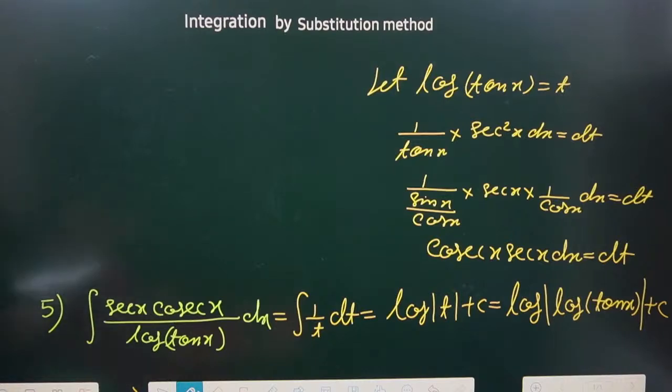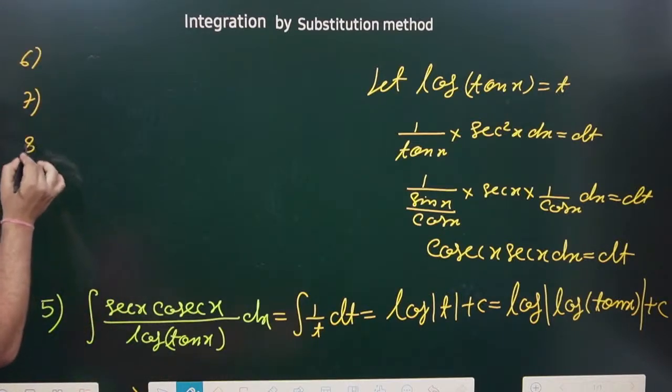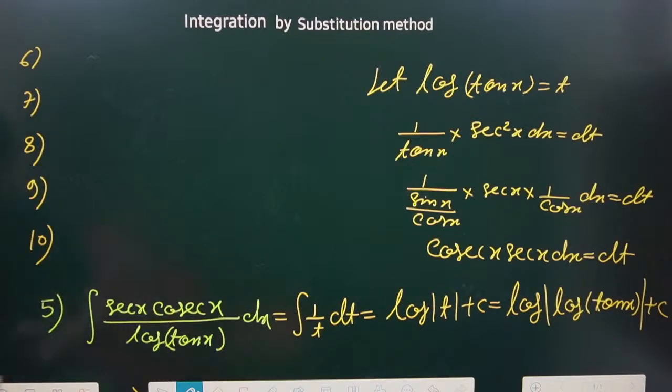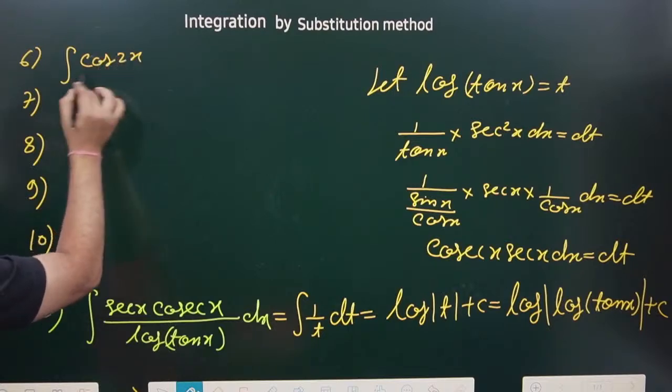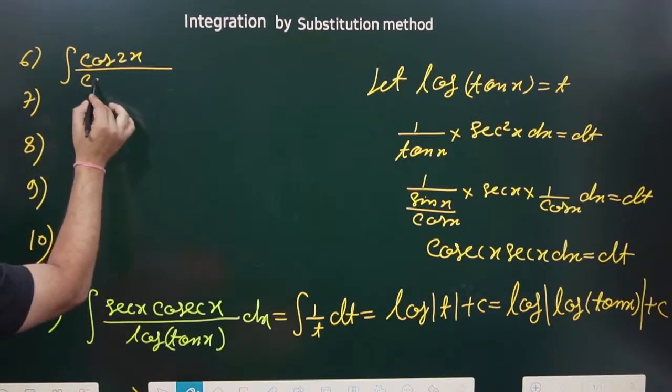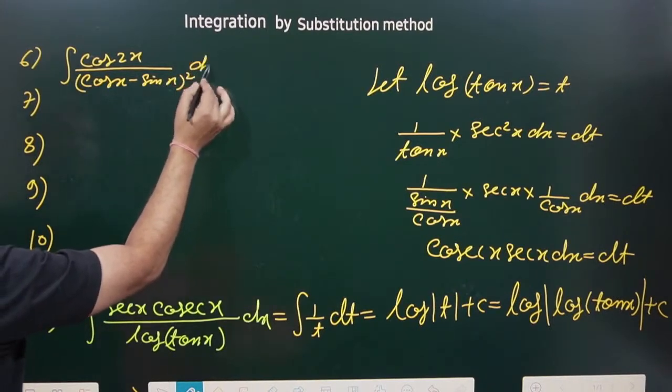Now I will take another problem also. 6, 7, 8, 9 and here 10. 6 is how much? Cos 2x divided by cos x minus sin x to the whole square into dx.